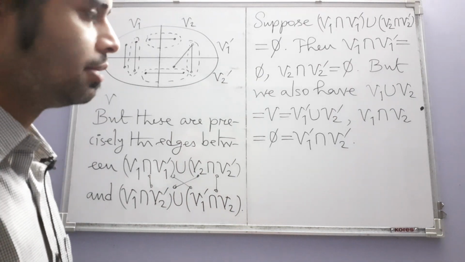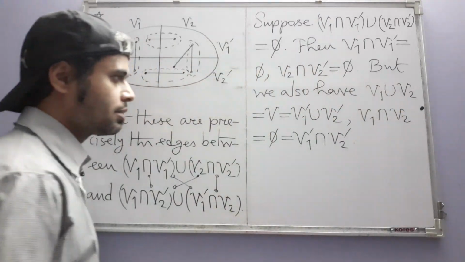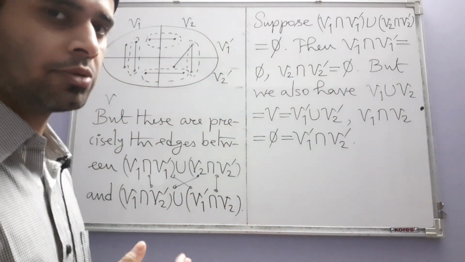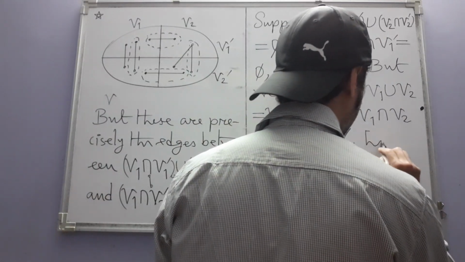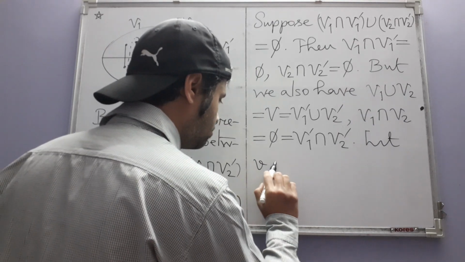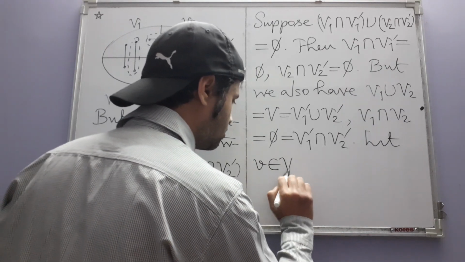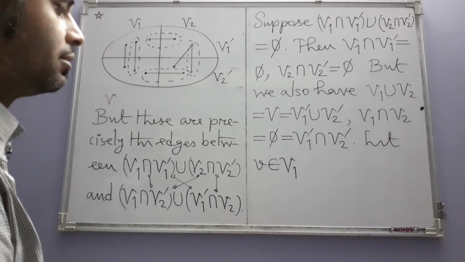D is not equal to D prime. So we are going to now use these things and show that D is equal to D prime. So that would be a contradiction. Now let v be a vertex in V1, say.